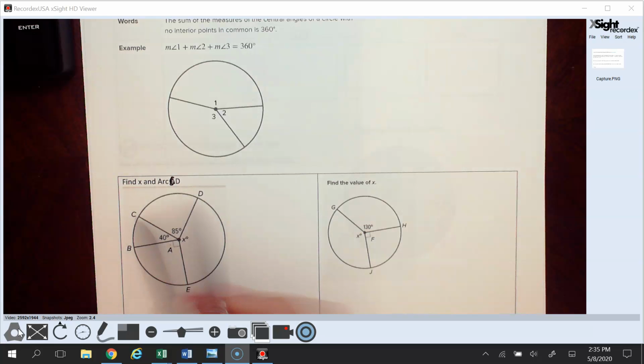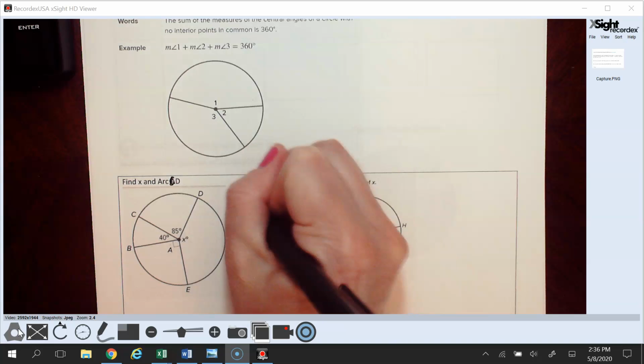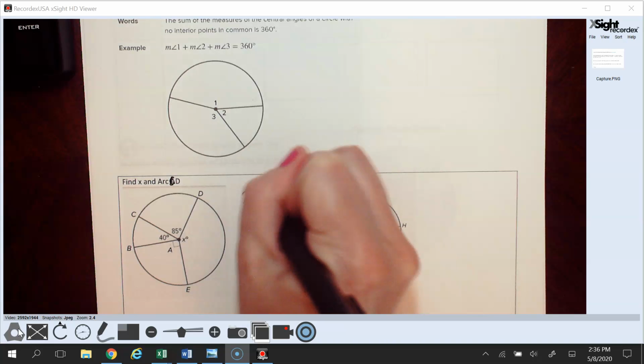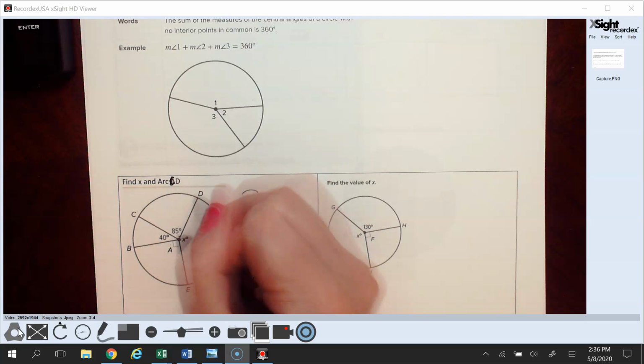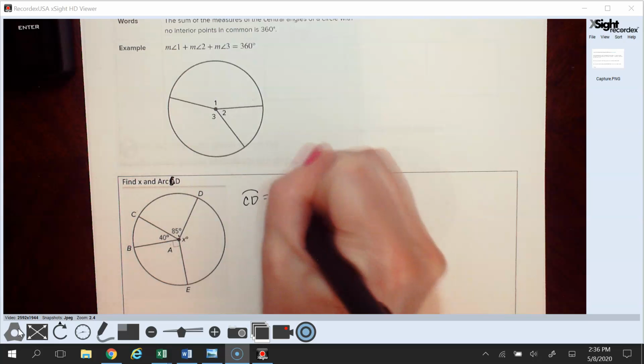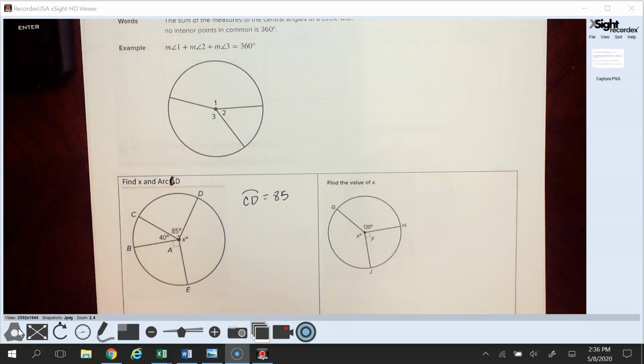So CD, this here, and this angle should have the same measure. So if this angle here, CAD, measured 85 degrees, that arc should be the same measure. The central angle and the arc have the same measure.